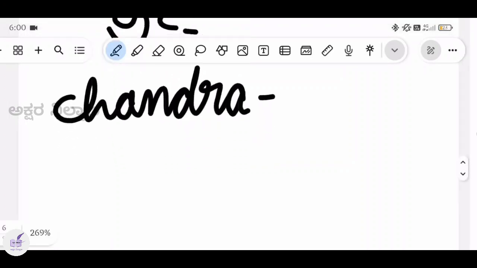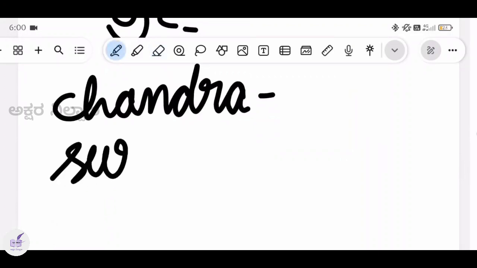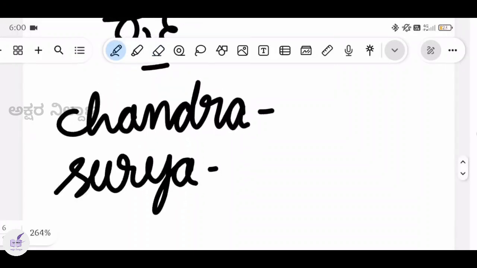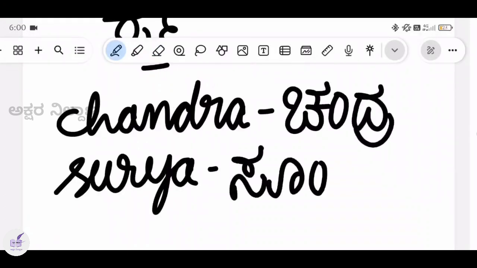We'll take two examples first, Chandra and Surya. Cha, Chandra. Okay, next Surya. This is how we are going to write in Kannada.